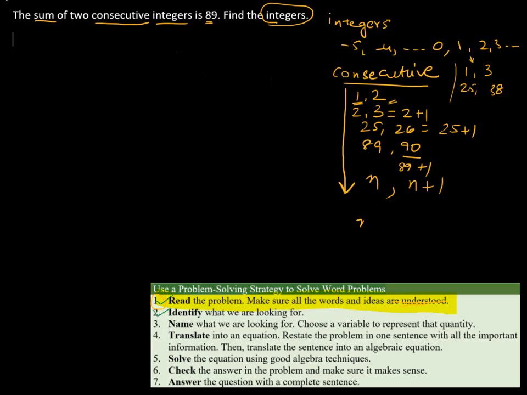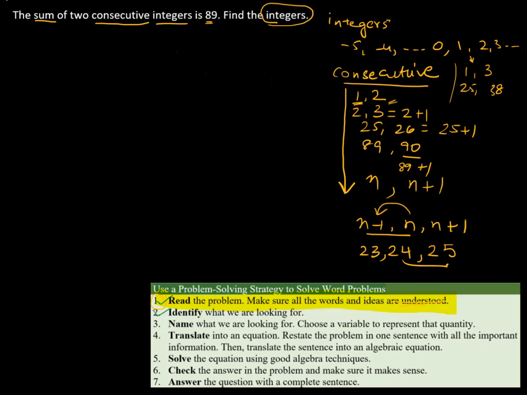We could also take n minus 1 because they are also consecutive numbers, right? A number before n will also be consecutive. For example, the number before 24 is 23, and the number after 24, which is 25, is also consecutive.